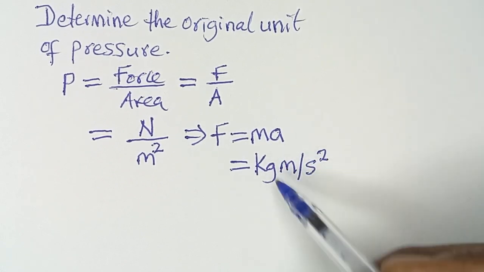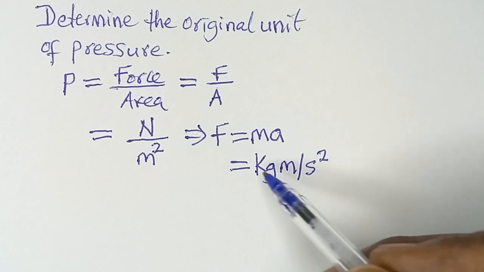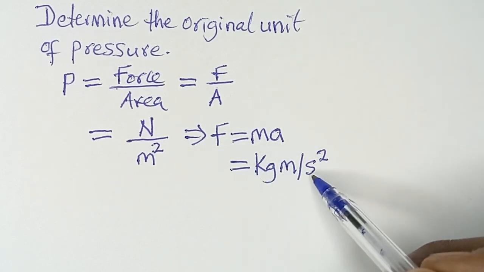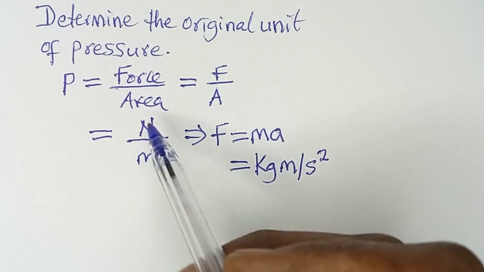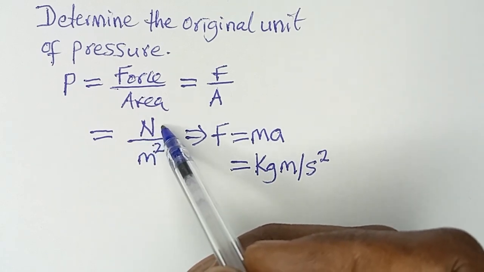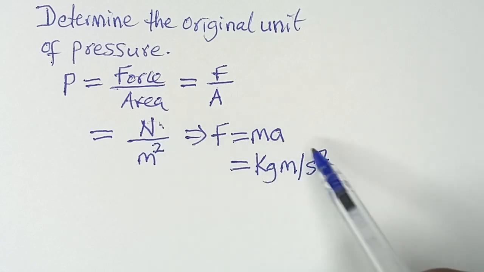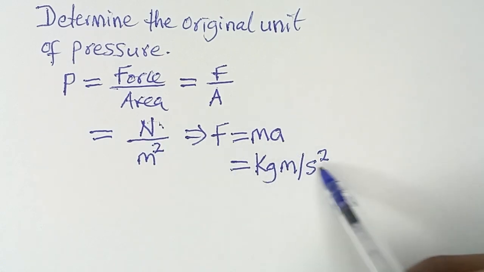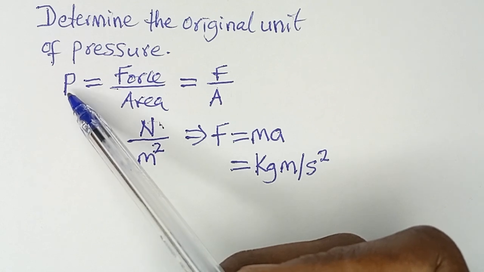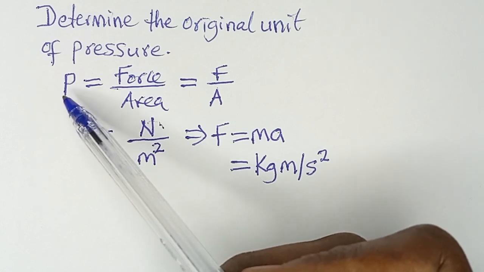It is named after Sir Isaac Newton as the unit of force, but this is the original derived unit of force. So from there, we can take that to the unit for the pressure. We can replace this Newton with this original derived unit, and that will help us to simplify and get the original unit of pressure.